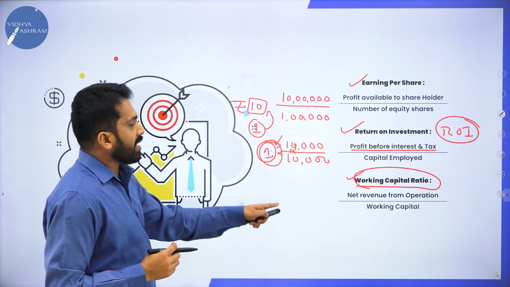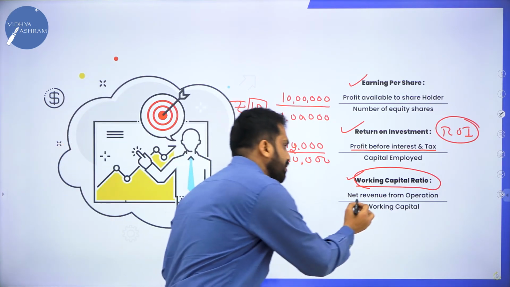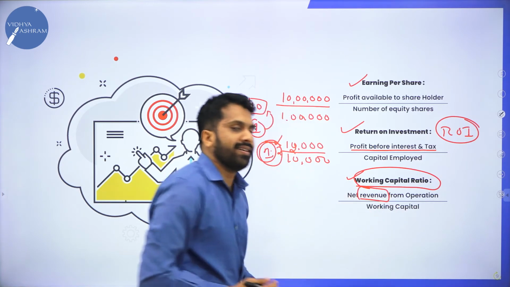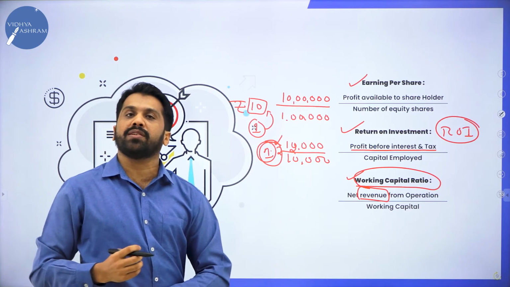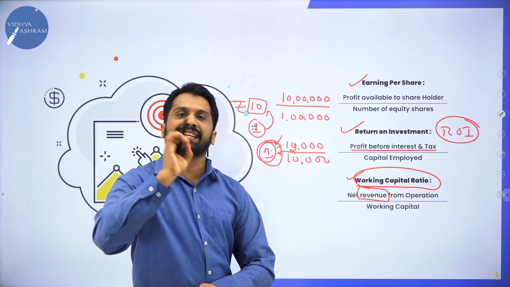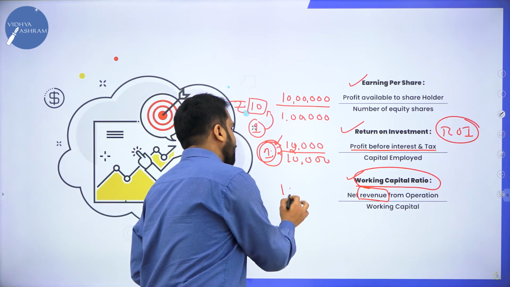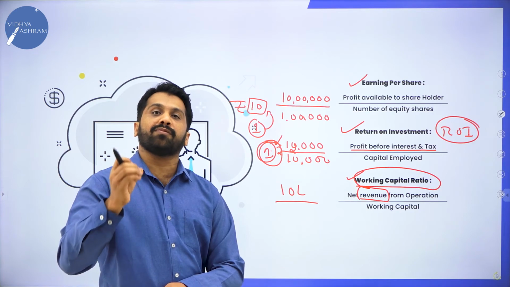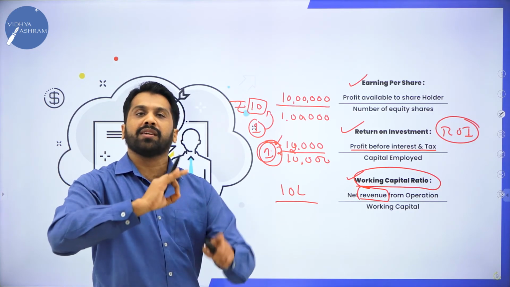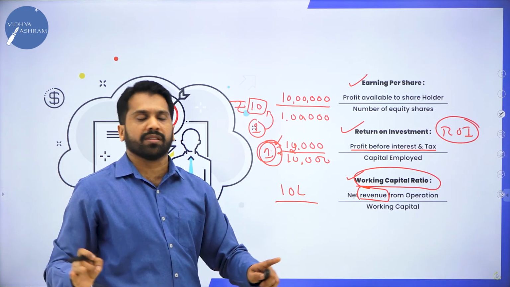Now, net revenue from operation. As I told you, revenue means sales. In your previous problem, how much was your revenue? It was 10 lakh. Now revenue from operation may be 10 lakh. Working capital will be given directly in your question, with no need of any calculation.